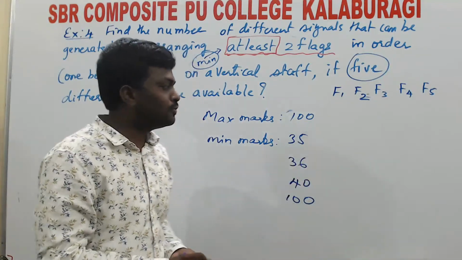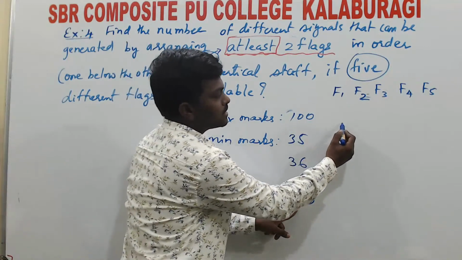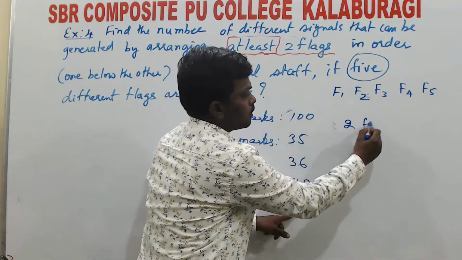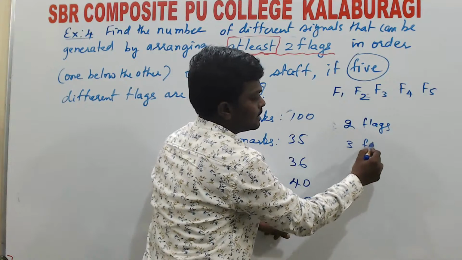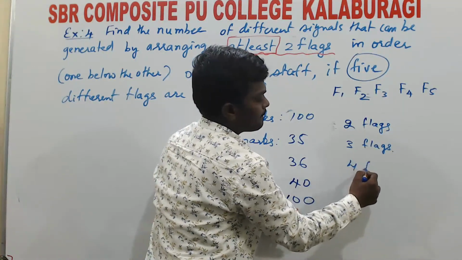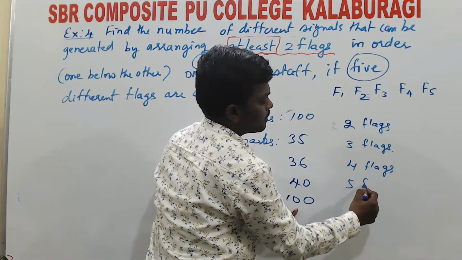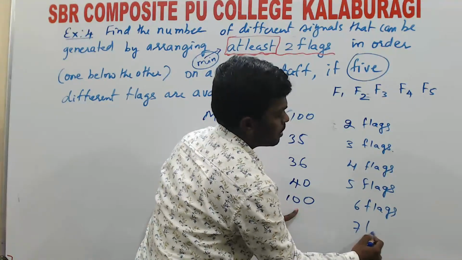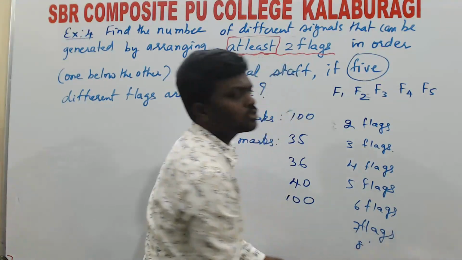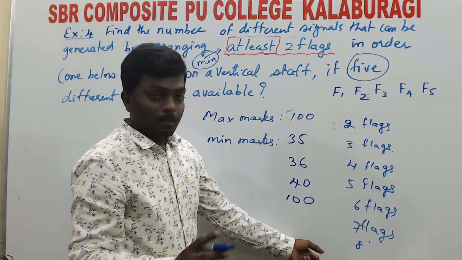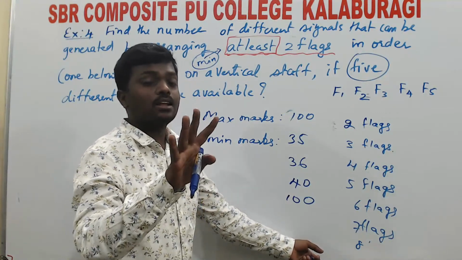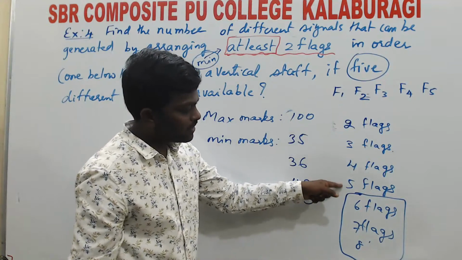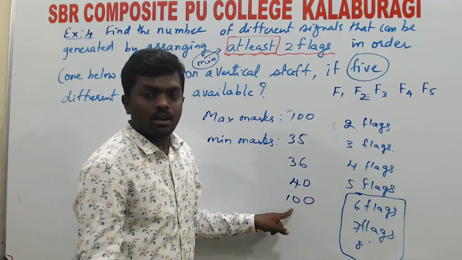Okay, so minimum two flags means you have to consider arranging two flags, three flags, four flags, and five flags, and also six flags or seven flags, eight flags, so on, right? But in the question, okay, don't get confused, right?